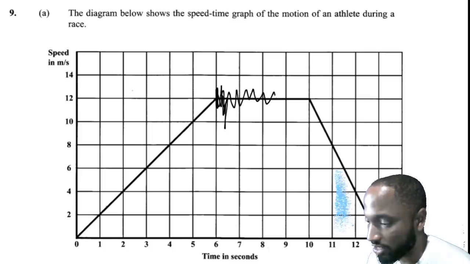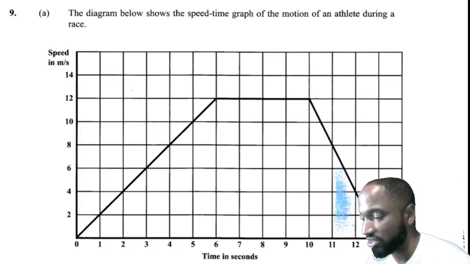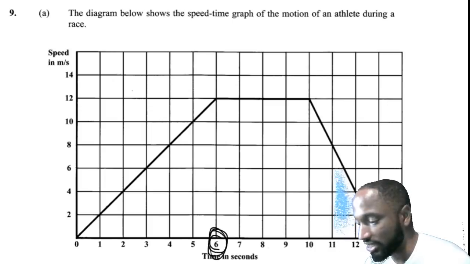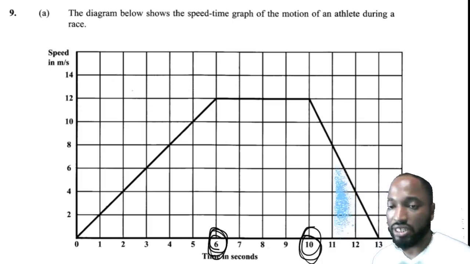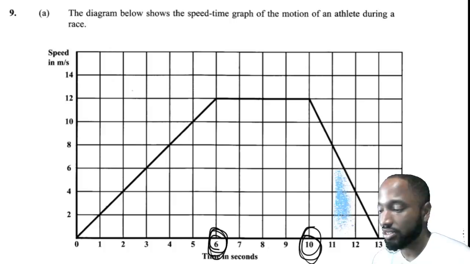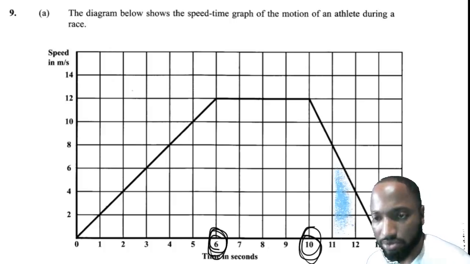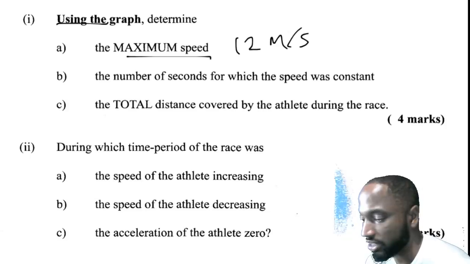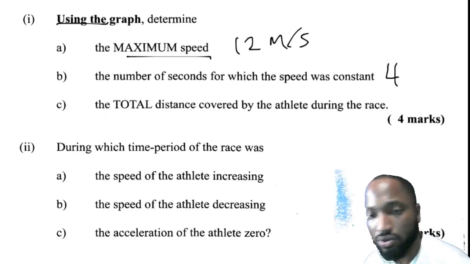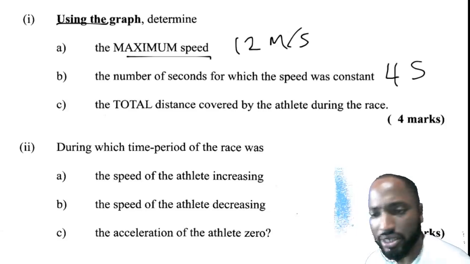From here, it's holding a constant speed, and you see that because the gradient is constant. So you need to see when it starts. It starts at 6 and it finishes at 10. So 10 take away 6 is 4 seconds.